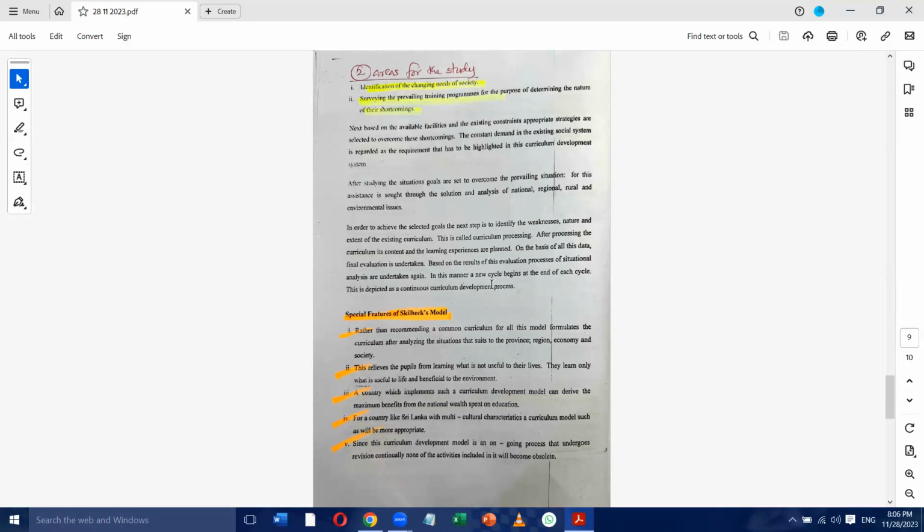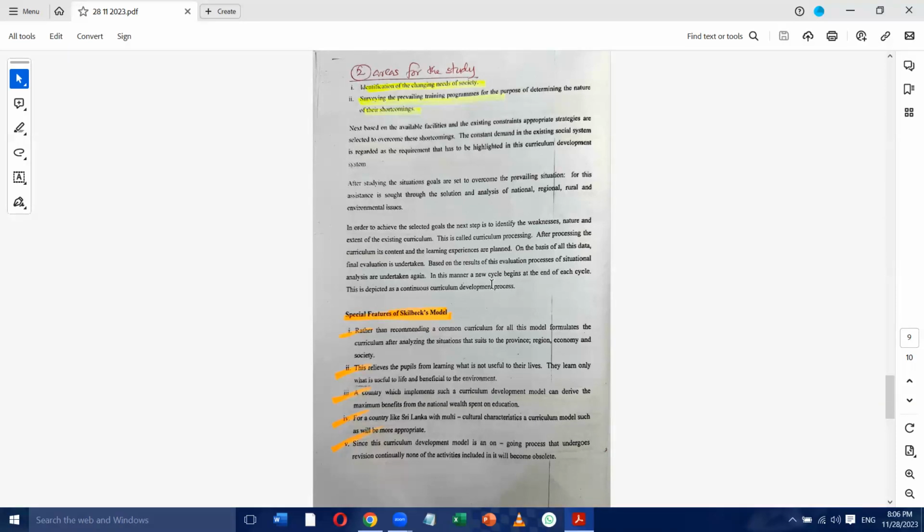It's better to be selective in order to get the useful curriculum contents that will help his future life. So they learn only what is useful to life and beneficial to the environment. So that is another one here.